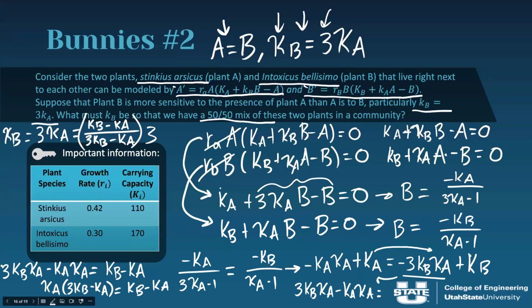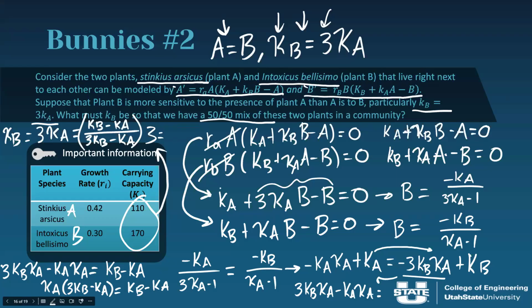Now just plug in these values for our K's. This is A, this is B. And what do we get when we plug those in? Is there a difference? You have differences in K and kappa.